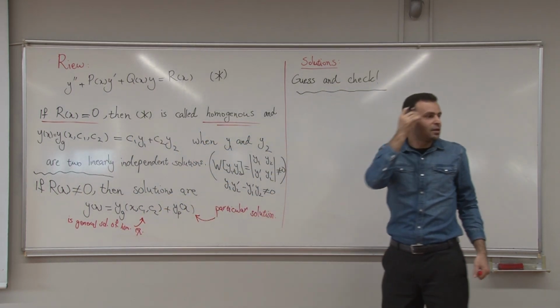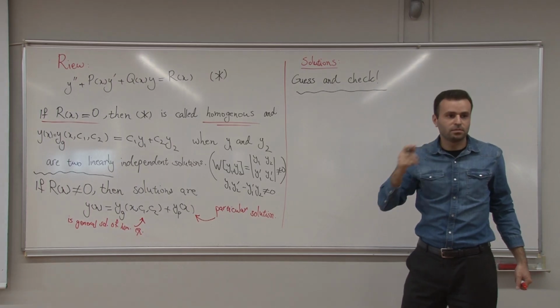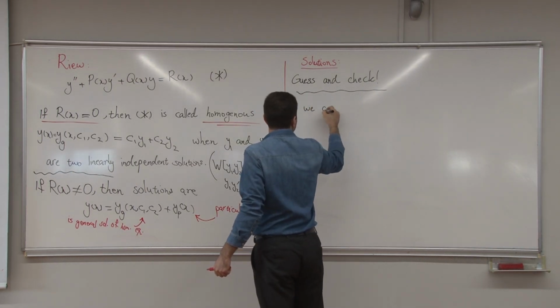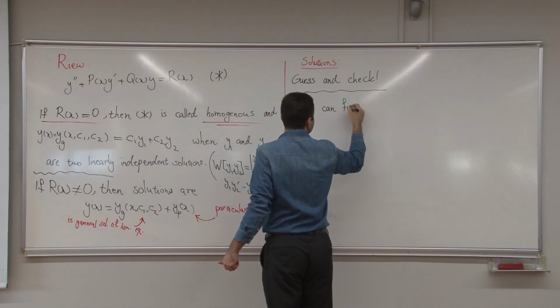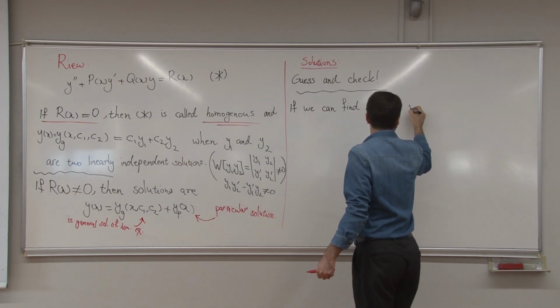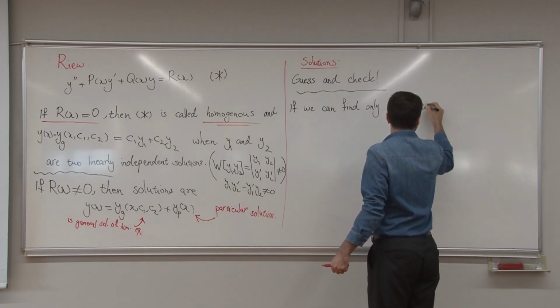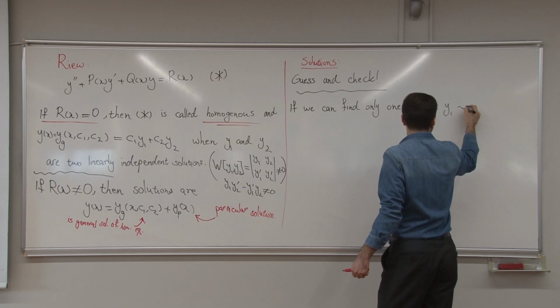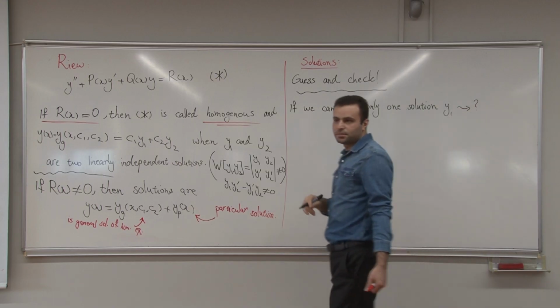But if we can find only one solution, y1, then what?